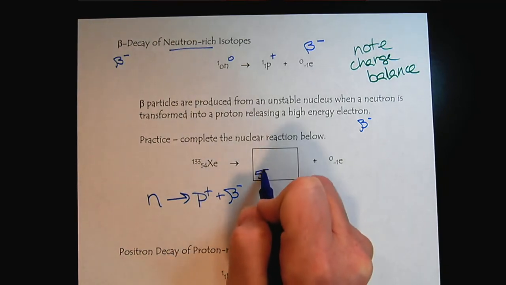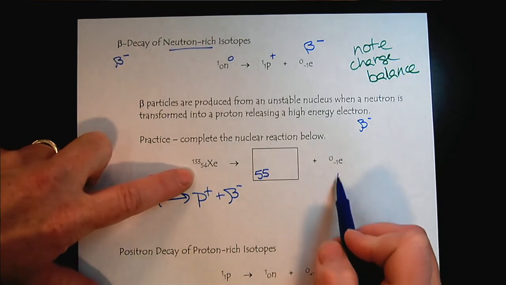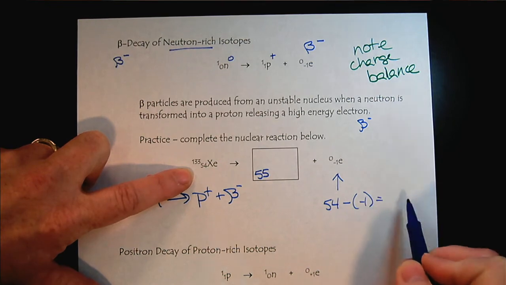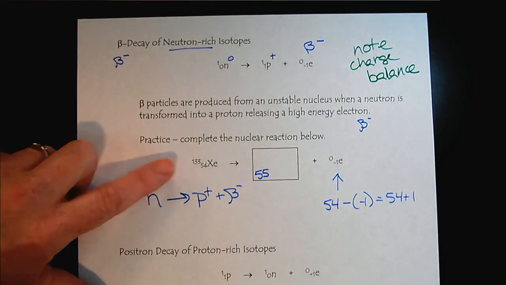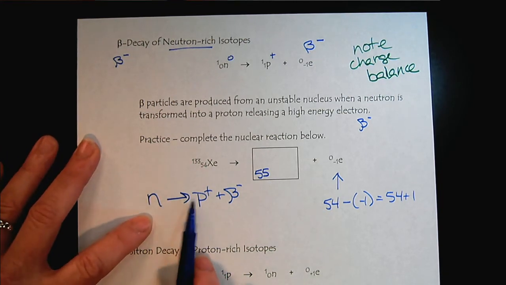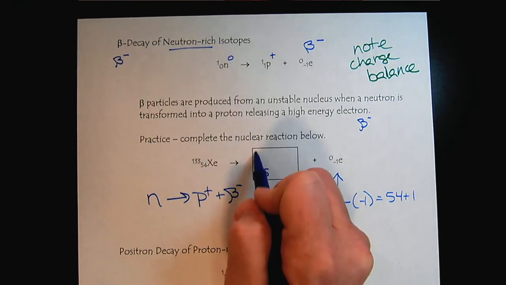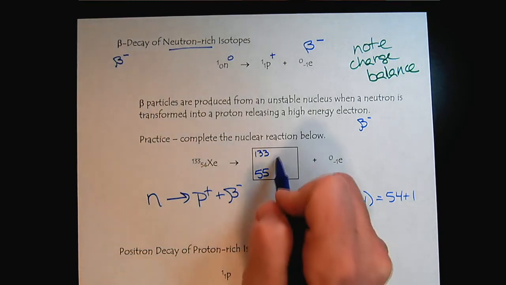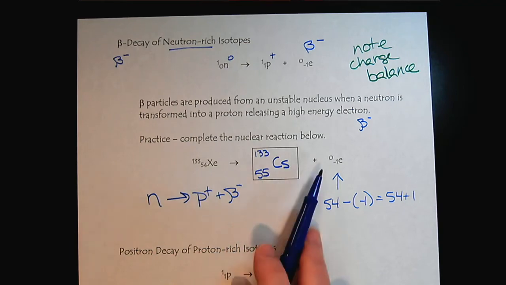So this will become 55. Or if you want to think about it using the symbol here, 54 minus negative 1 is 54 plus 1, or 55. Notice that the overall number of protons and neutrons doesn't change, so the 133 stays the same. We look at the periodic table and we see that cesium has an atomic number of 55. And then there's our beta.